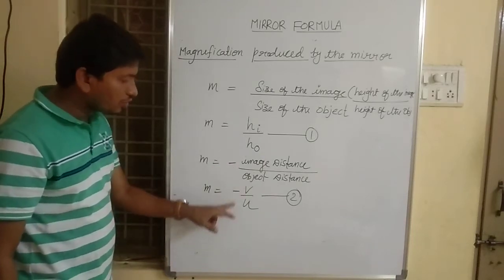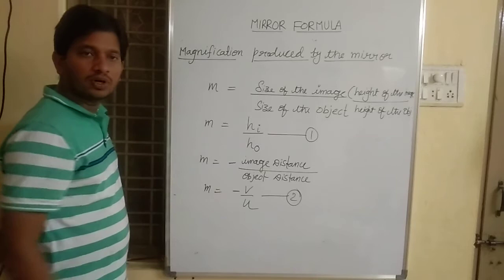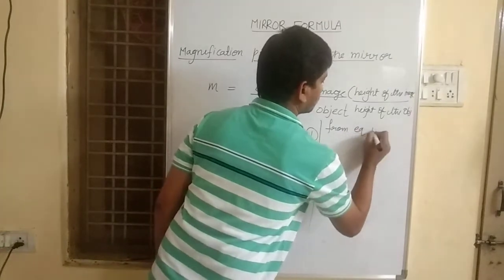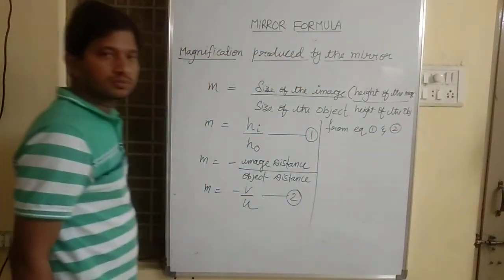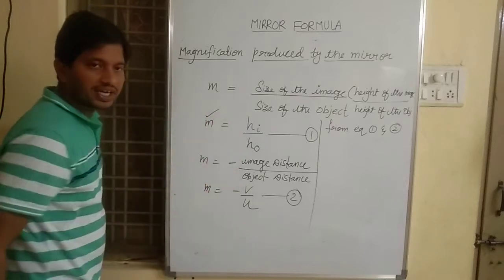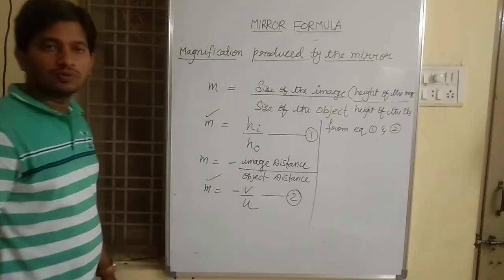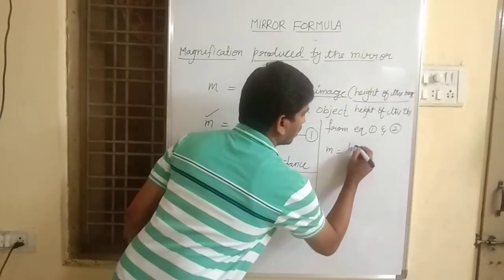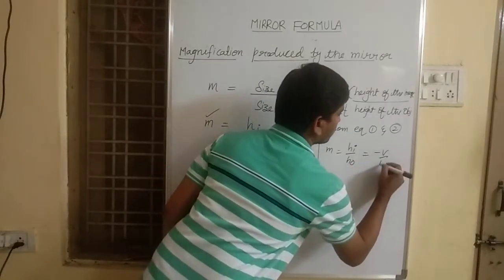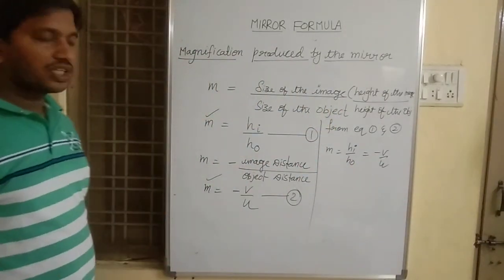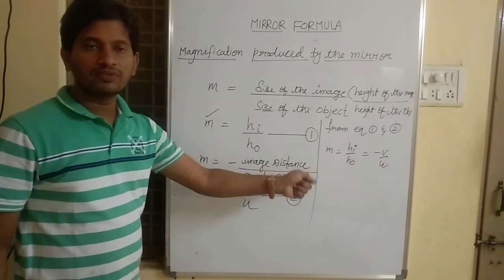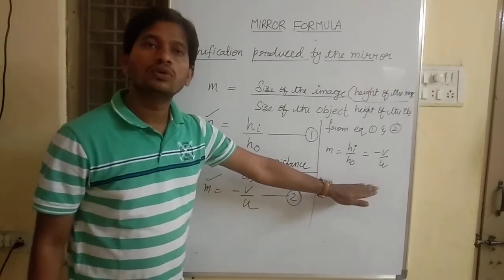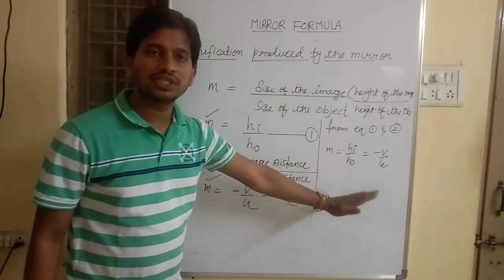We can write M equal to minus V by U. From equations 1 and 2, I can write M equal to Hi by Ho equal to minus V by U. This formula will help us to find out the position, nature and characteristics of an image.